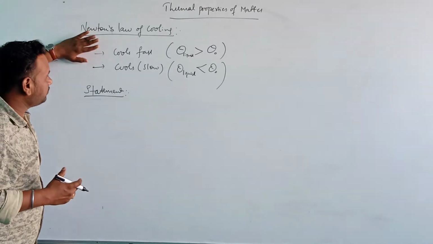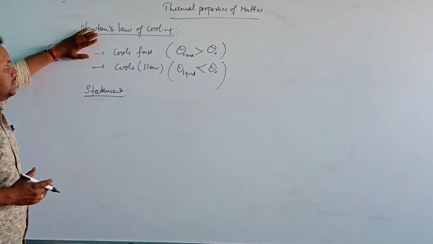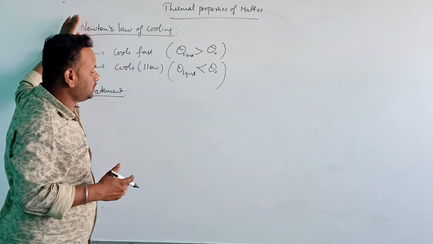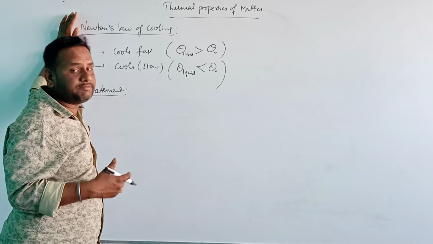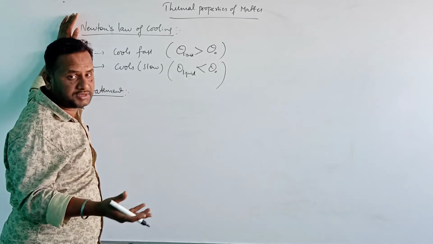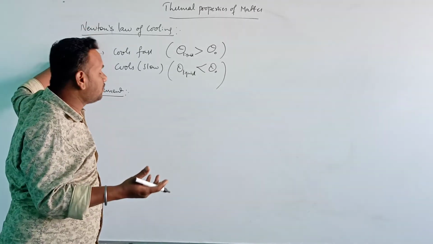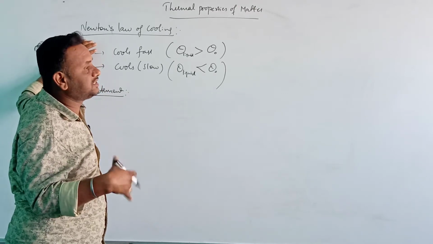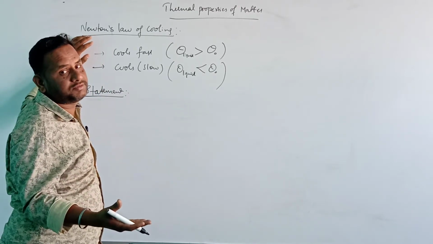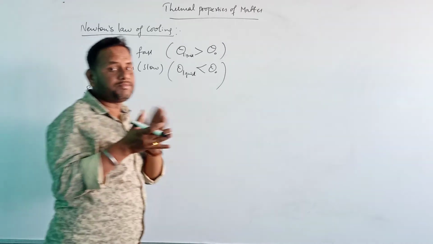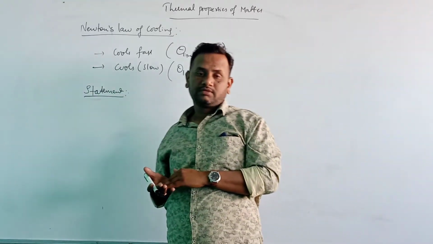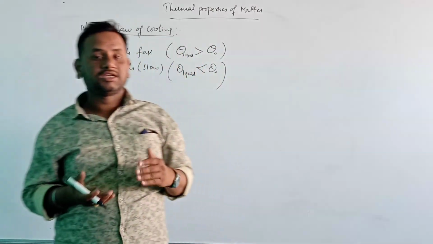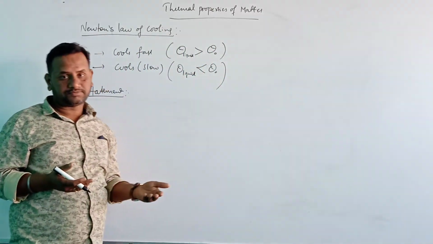From his experience, he observed that the liquid cools very fast when its temperature is higher than the surrounding temperature, and cools very slowly when its temperature is lower than the surrounding temperature. So there is some temperature difference between the body and the surrounding at which the body is losing its heat.